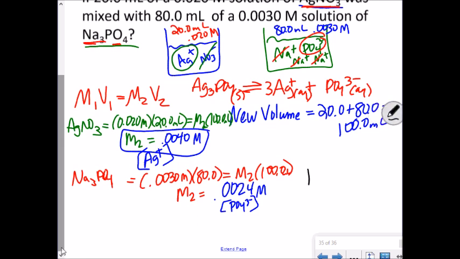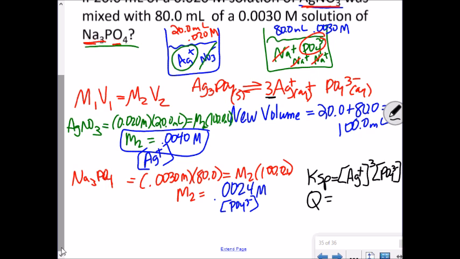So the Ksp expression is going to be what? Ag plus raised to the third power because of the 3, times the phosphate. Now we know our initial concentration. So really we're solving for Q here, not Ksp. We're just using it to solve for Q.